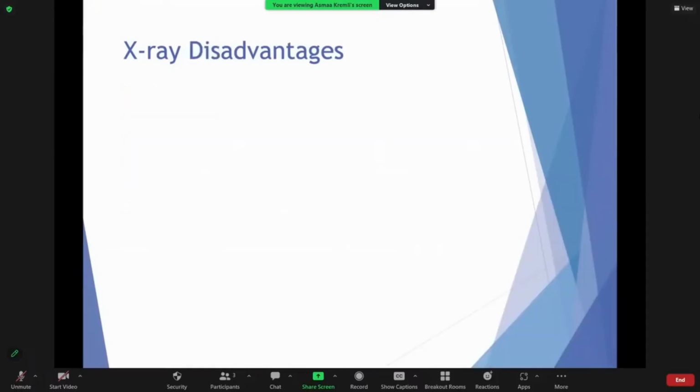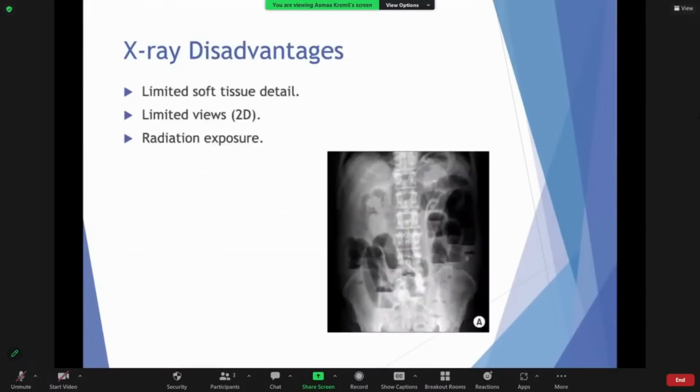What about the disadvantages? Of course, as we said, it has good soft tissue details, but still it is limited. I would like you all to pay attention to this radiograph, because at the end of the lecture, I will show you the same patient in the same position, but in CT scan.